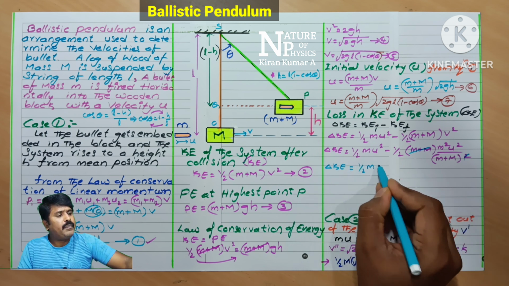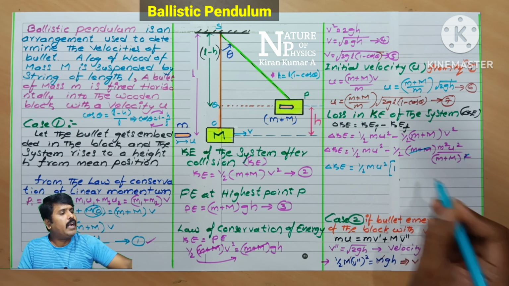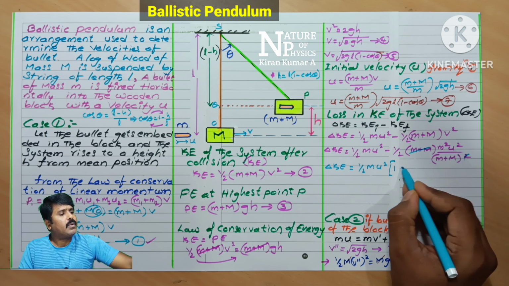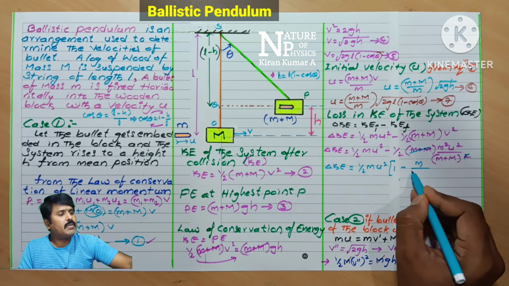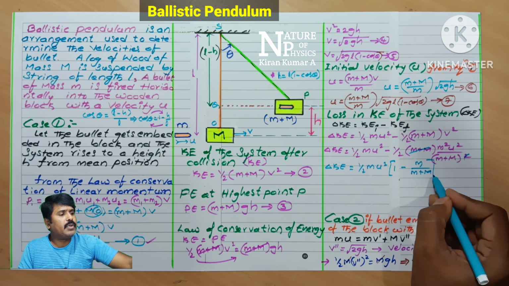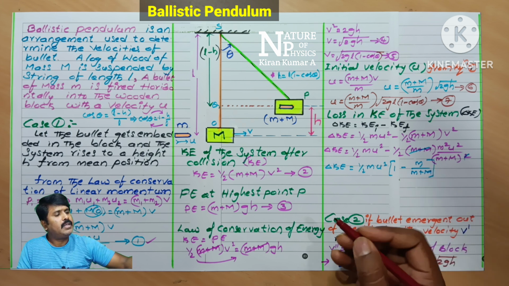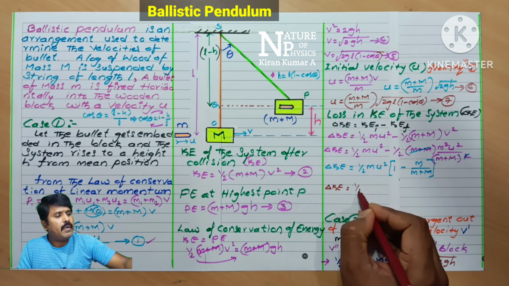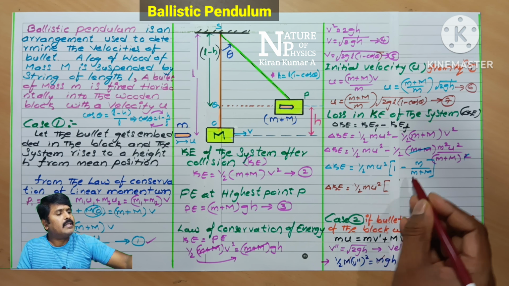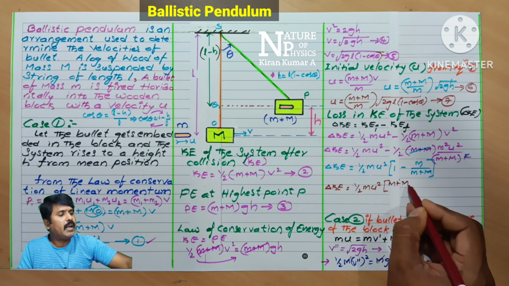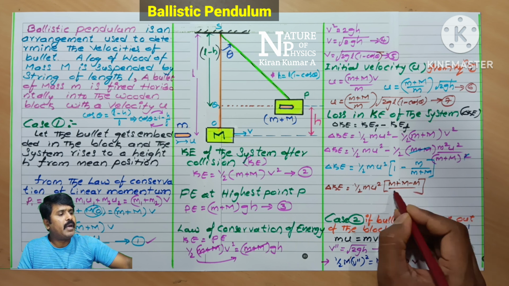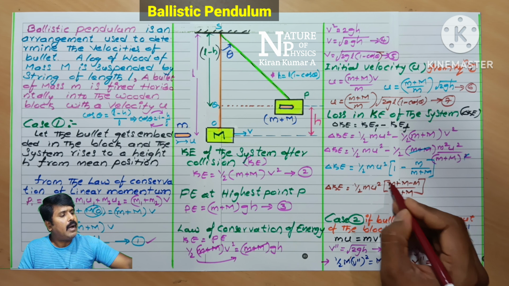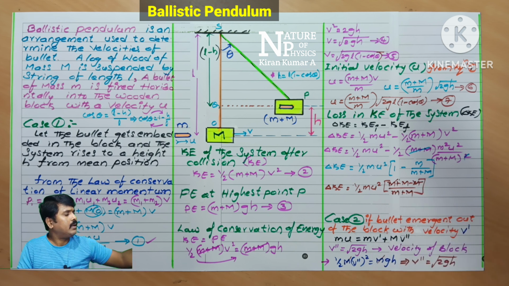Then this term and this power get cancelled, and delta KE is equal to half m u square, which is common. Here one is there, here also half m and u square are common, so there is small m in the numerator and the denominator is small m plus capital M. In the continuing step, delta KE is equal to half m u square, taking the LCM, (m plus M minus m) divided by (m plus M). The small m and the negative small m cancel.